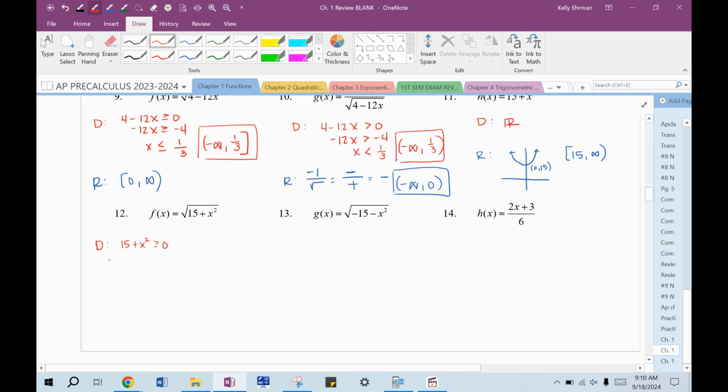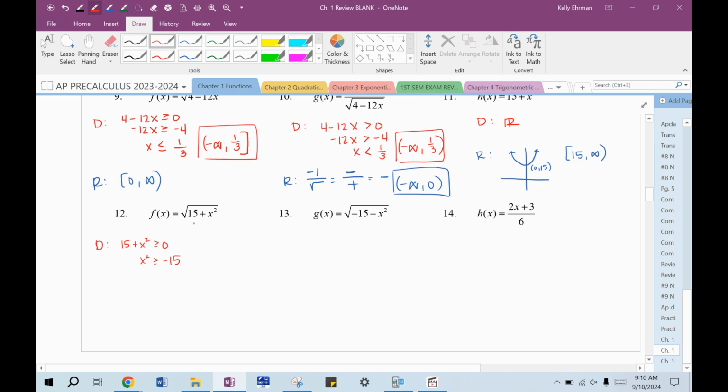And you're supposed to factor this, put it on a number line, or maybe you start solving and you get x squared greater than or equal to negative 15. Well, that's always the case, right? X squared plus 15 is always positive because when you square a number, it remains positive. And then when you add 15 to it, it's going to still be positive.